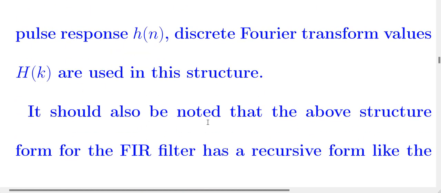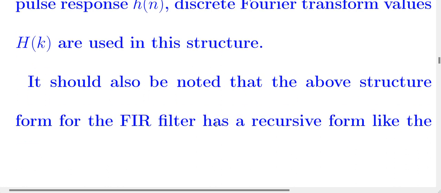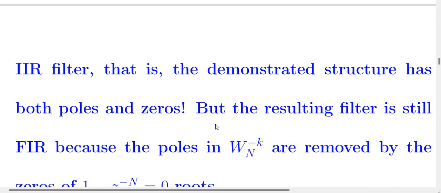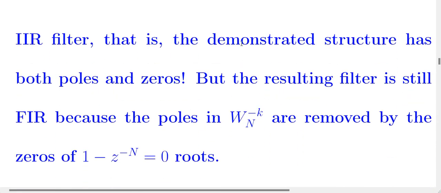It should also be noted that the above structure formed for the FIR filter has a recursive form like the IIR filter. That is, the demonstrated structure has both poles and zeros. Surprise, surprise. Poles for FIR.